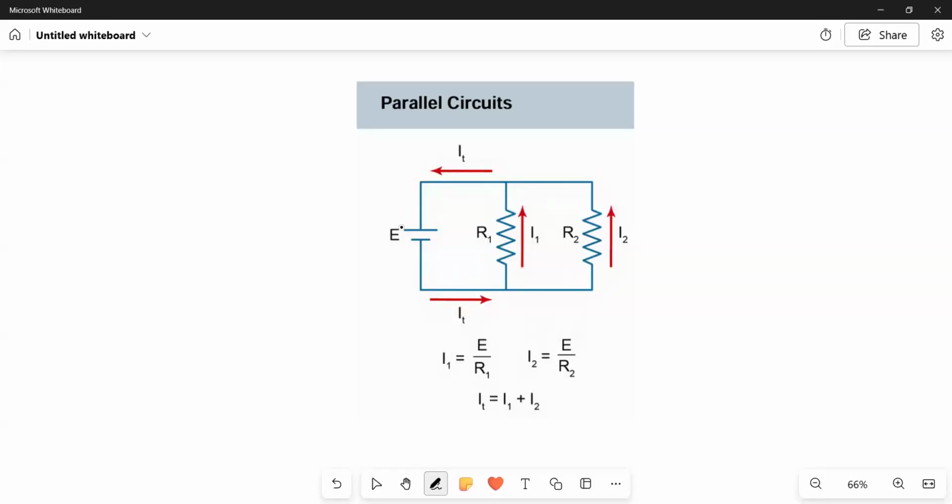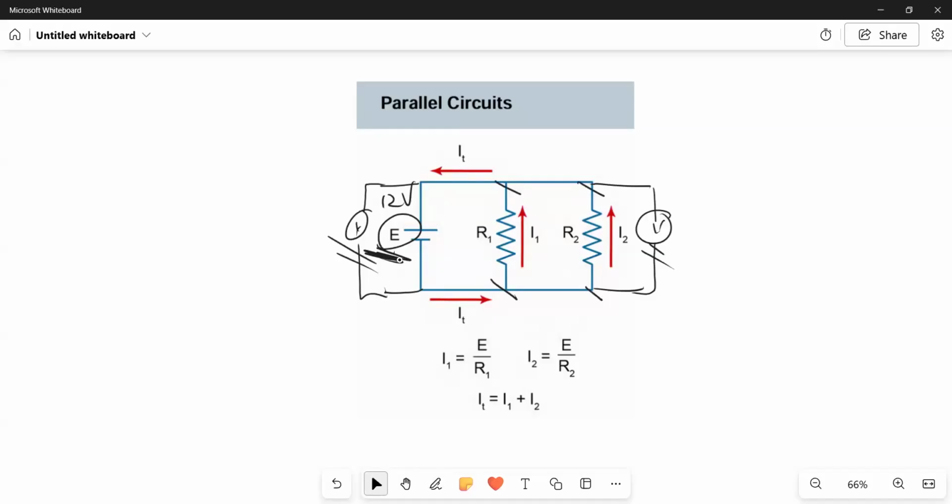In this case, if I put a voltmeter here, it will be the same as the reading on the battery, right? So if down here is 12 volts, this voltmeter is going to read 12 volts. In other words, the voltage across each resistor is going to be the same 12 volts.